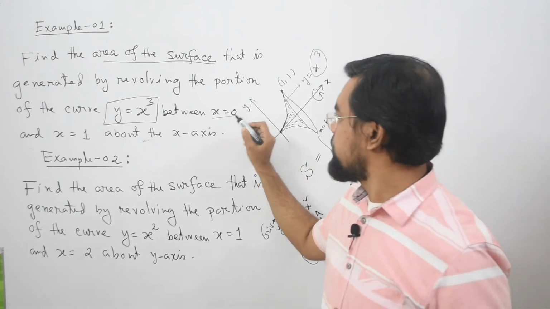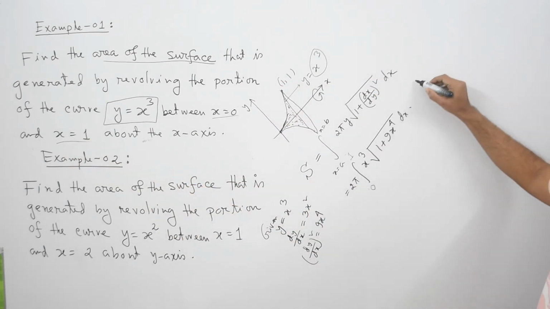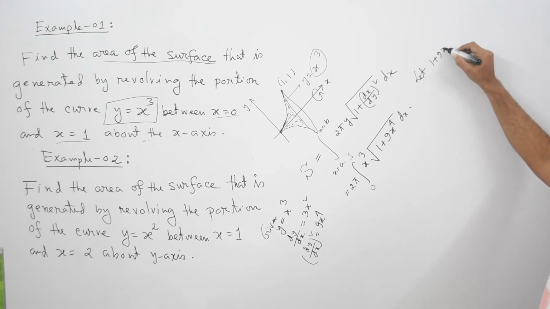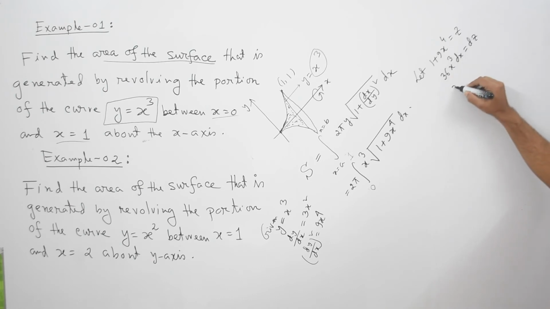You see, x is from 0 to 1. So we can easily integrate it by letting 1 plus 9x to the power 4 equal z. So the derivative of this one, 36x cubed dx equals dz.